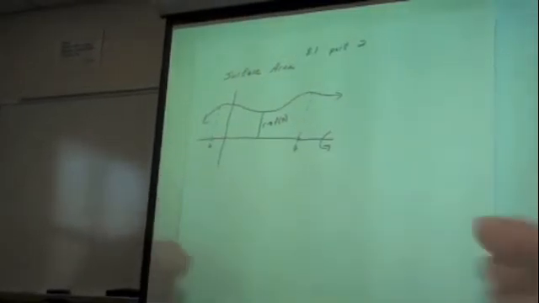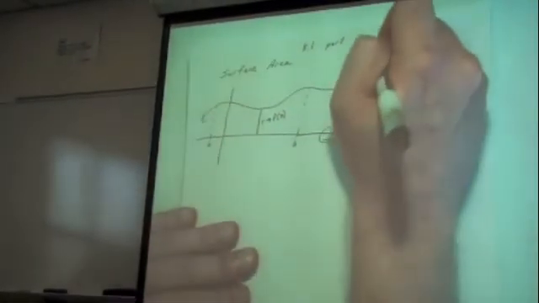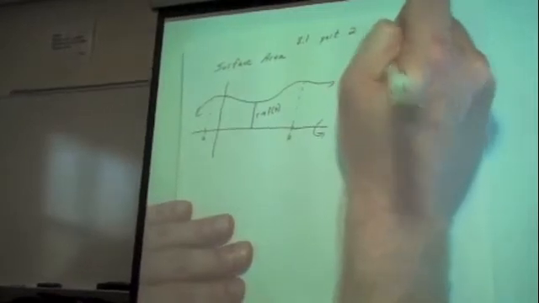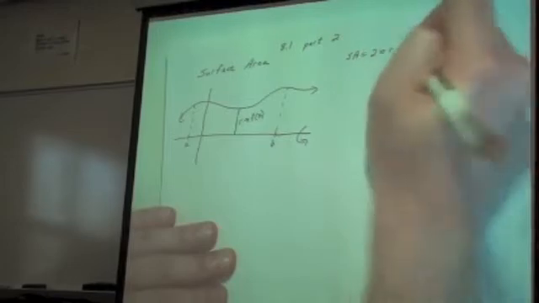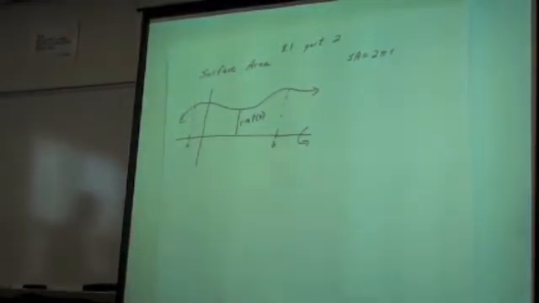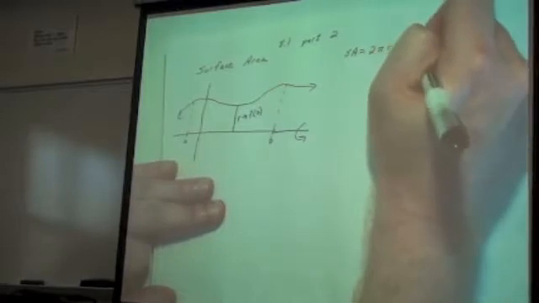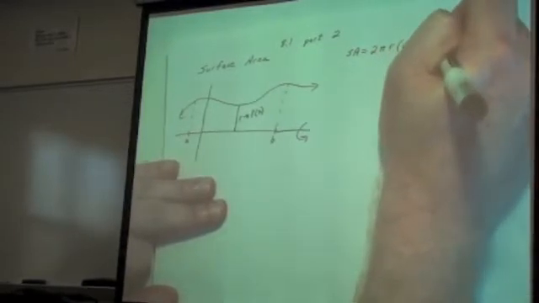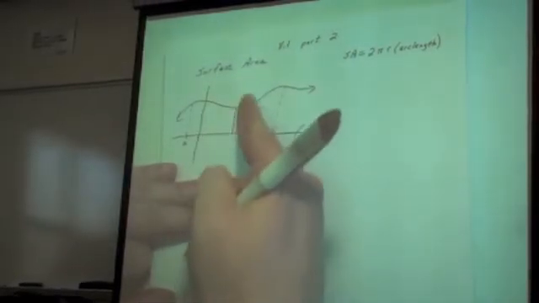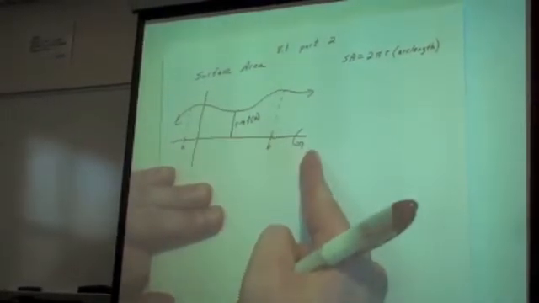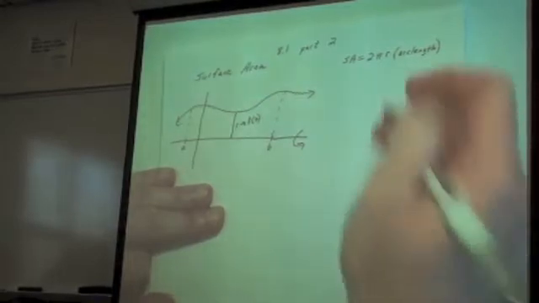So my surface area formula, I'll say surface area, in general is equal to 2 pi r times whatever the arc length is. But now, what I've shown here is that the r value of any region rotated about the x-axis is simply the function's value.